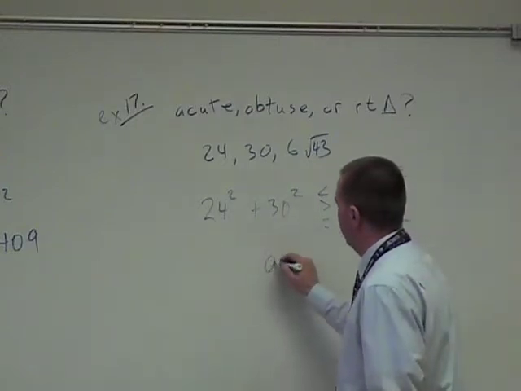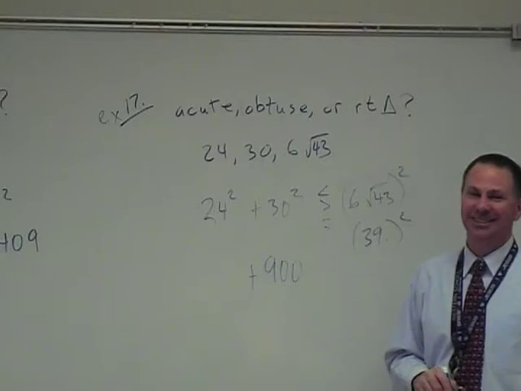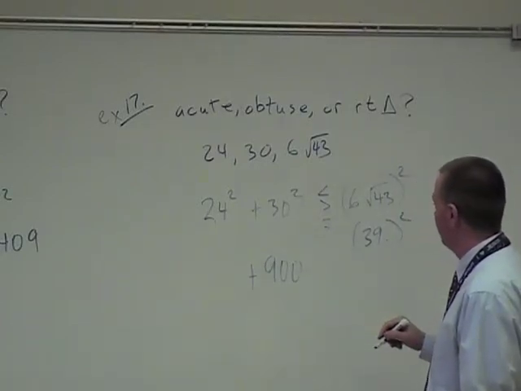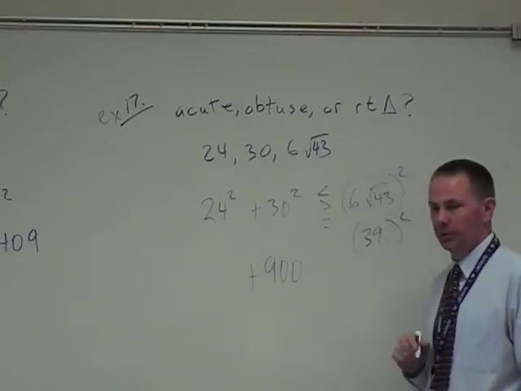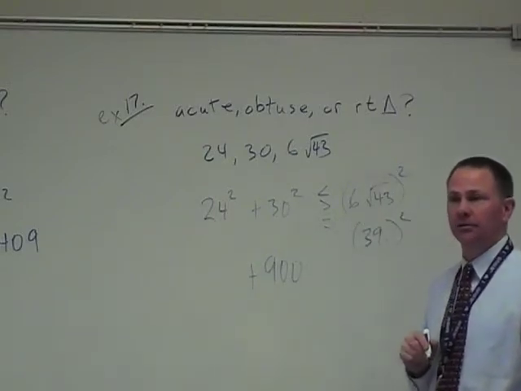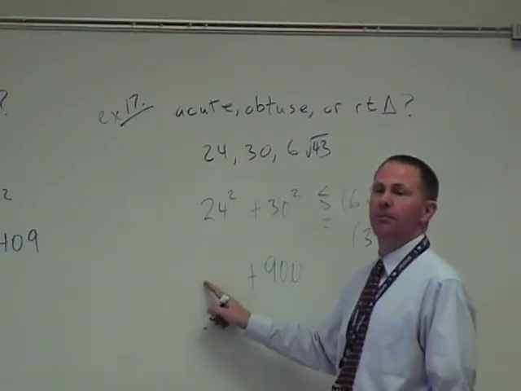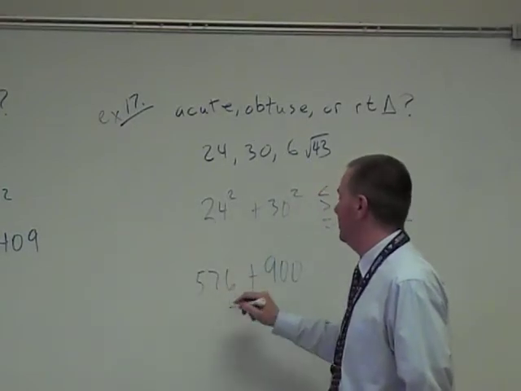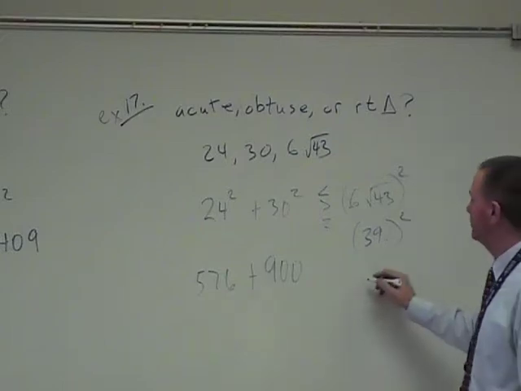I'll help you out. 30 squared is 900. Could you just square the 6 and take the radical away and do 36 times 43? Yes. What's 24 squared? 576. Thank you, everybody should know that. What's 36 times 43, Blake?